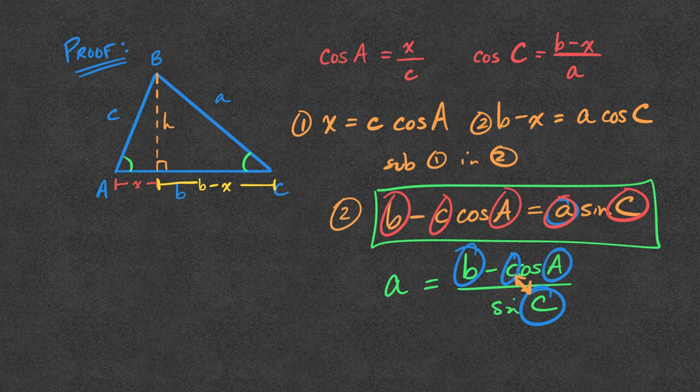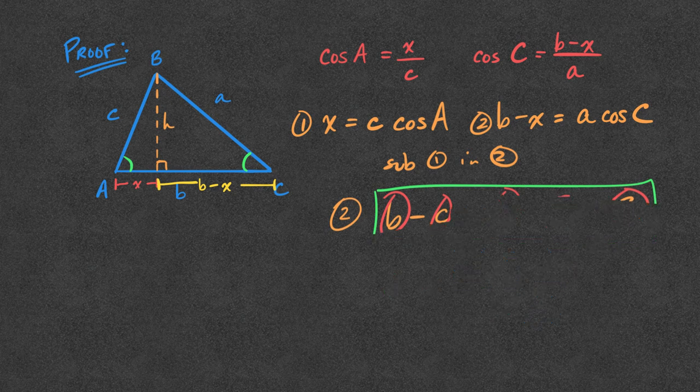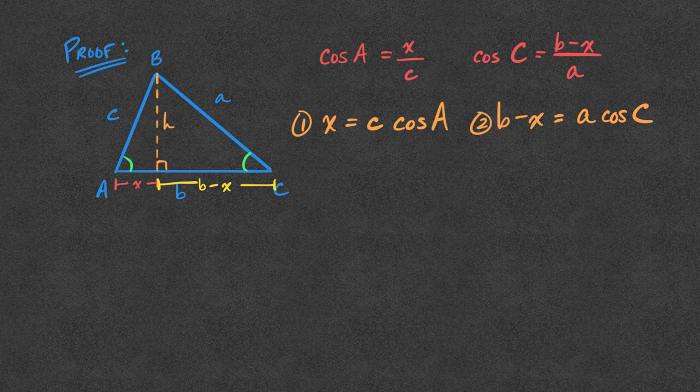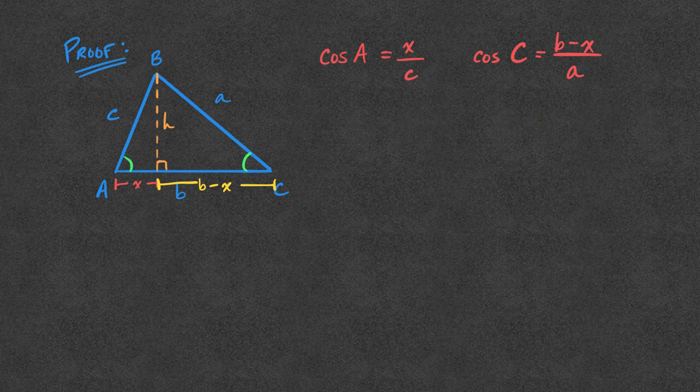Okay, I asked you not to write it down because it wasn't very useful. So I'm going to get rid of all of that. And I want to come back up to my equation 1 and 2, but I'm just going to do it back in my red versions. Okay, I have those 2 equations at my disposal.